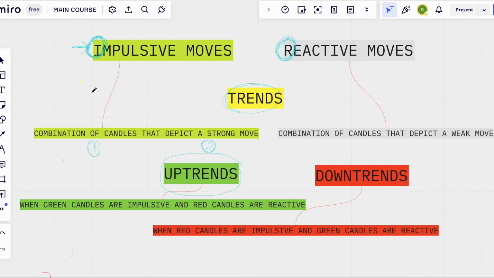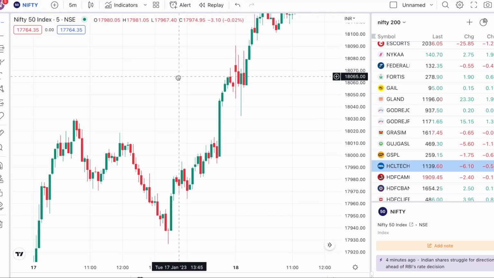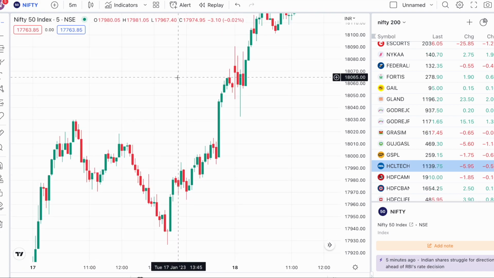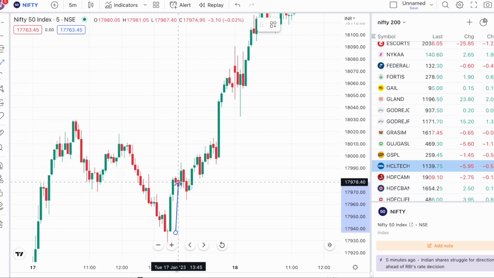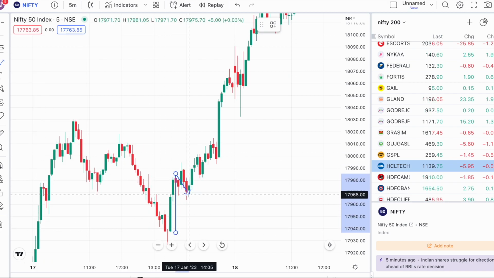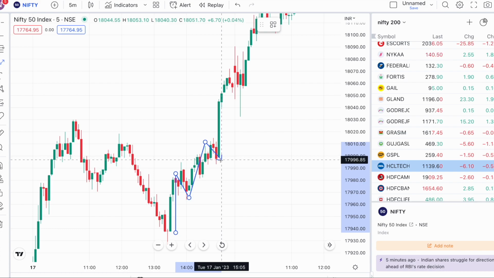So if I tell you to identify one uptrend, what would be your approach? Let's say this one. Impulsive move from the buyers, small reactive move that is around 12%. Impulsive move, reactive move. Okay.